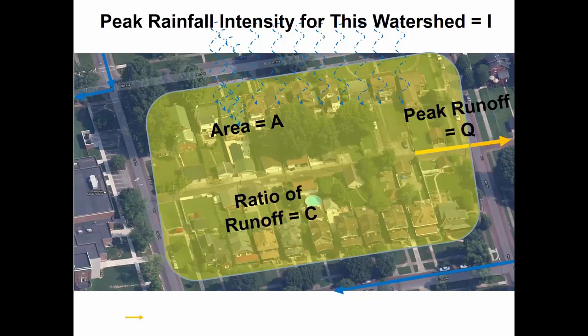There are some formulas we can use to estimate the time. The easiest approach is just to say, well, when it's going on this asphalt, it's moving maybe 1 foot per second, and then it gets into a gutter and it's going 2 feet per second. Just using the distance and the speed to estimate the time.